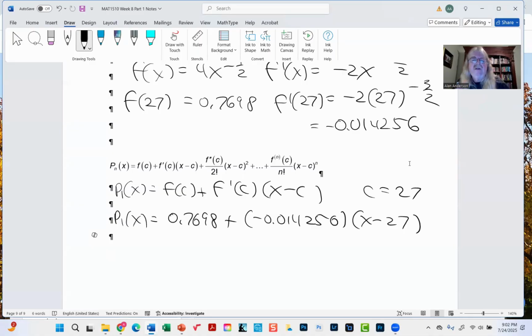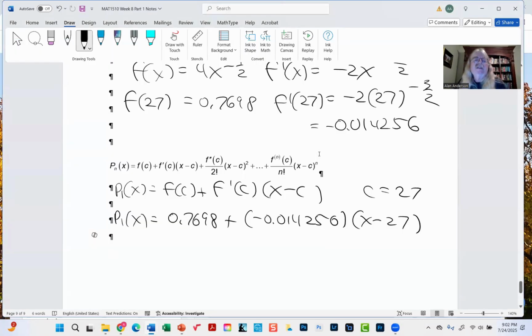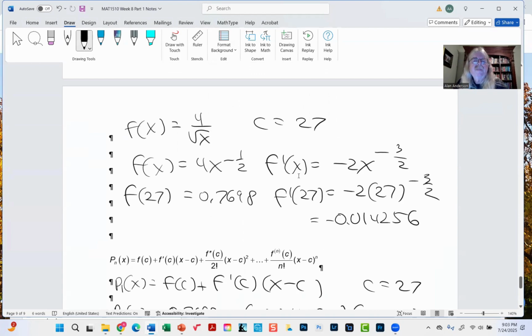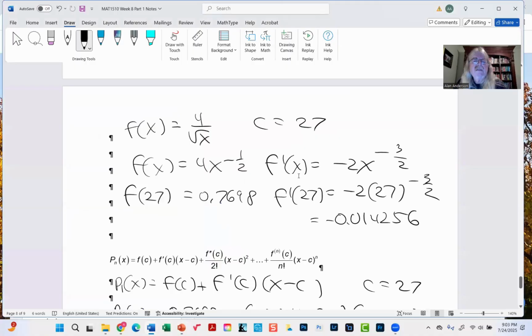I'm going to leave it like this for now. We know that it's x minus 27. So they got 4/3 for f of c. Now, wait a minute. I don't see that.